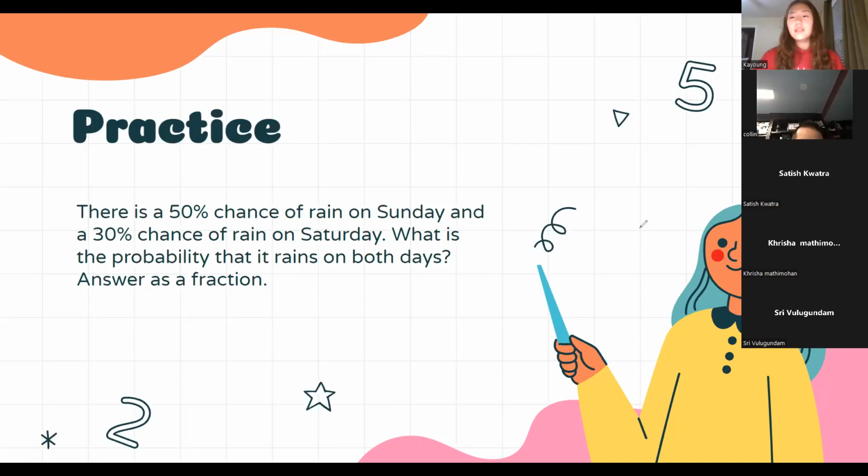Yes, somebody super smart is telling us in the chat that it has to be a fraction. So make sure you do that. 50% is the same thing as 1/2. 30% is the same thing as 3/10, right? So when we multiply, we get 3/20.